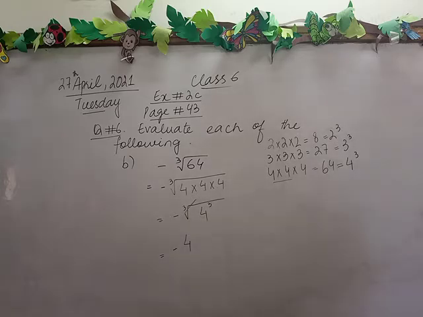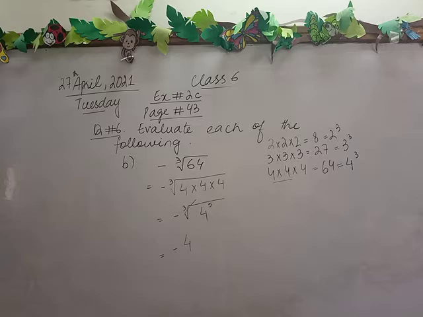Now I am going to repeat this. I have minus cube root 64. First of all I want to find the perfect cube of this number. As I know, 2 cube equals 8, 3 cube equals 27, 4 cube equals 64.